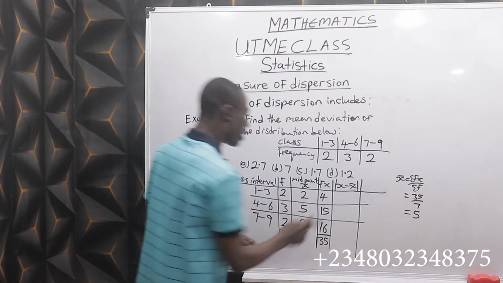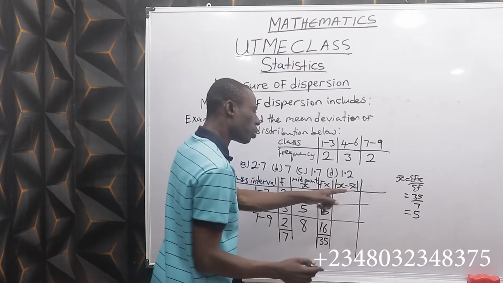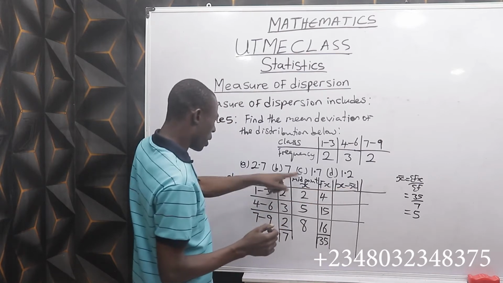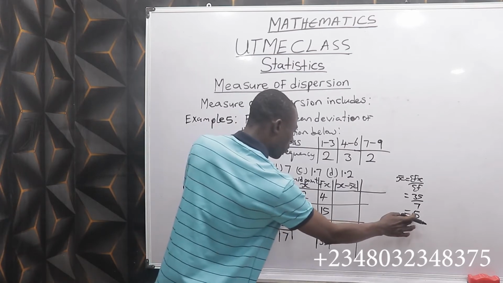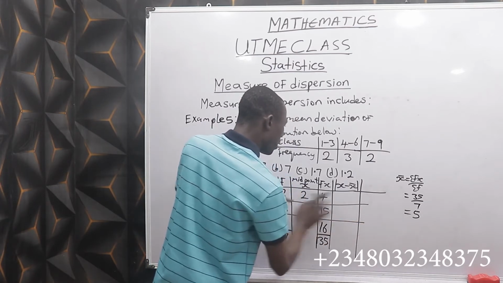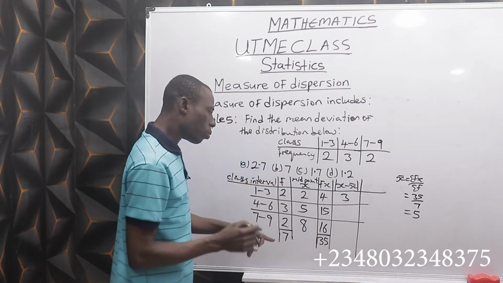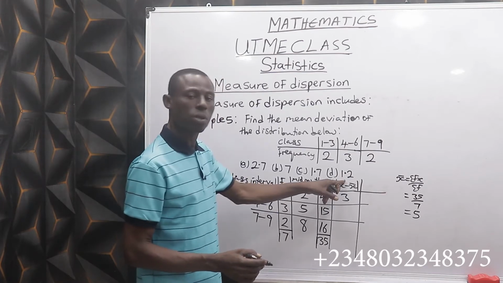To now calculate deviation. Deviation is x value minus calculated mean value. X value here is 2. Calculated mean value is 5. The difference between them is 3. If you write 2 minus 5 to be minus 3, it will no longer be absolute.